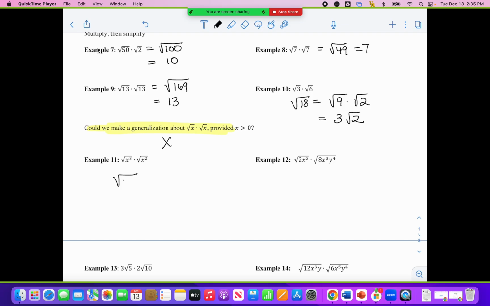So this is going to be the square root of x to the 5th. Well, what you want to do, and we did this yesterday, because it's an even root, you want to take the highest even number in. So if it's even, it's done, but x to the 5th.